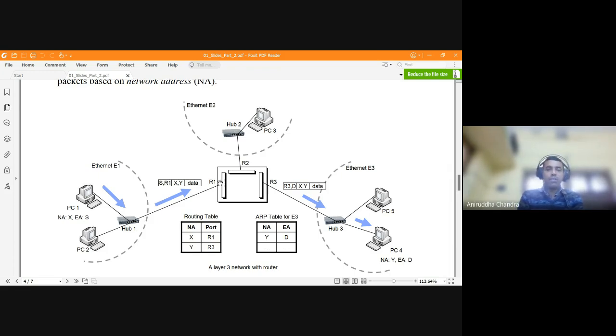Like when you are accessing your data from, suppose, an Amazon or Google server in the US, you are not directly communicating with that server. Rather, what your computer knows is your nearest router. So you are going to gather the packets from your nearest router, and you are going to send the packets to your nearest router. And those routers will be deciding which will be the next router and so on.